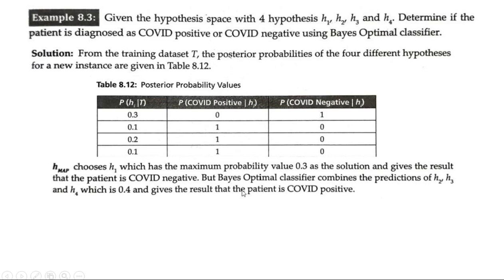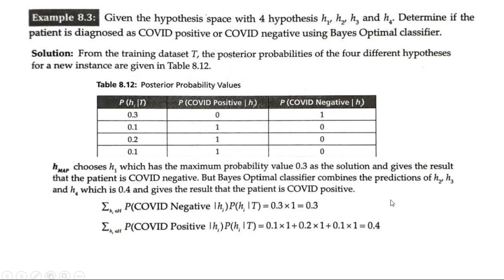But if I use the Bayes optimal classifier, I need to combine all the predictions. If I combine the predictions of H2, H3, H4, how much do I get? 0.1 plus 0.2 plus 0.1, I get 0.4, and all these other hypotheses state that it is COVID positive.